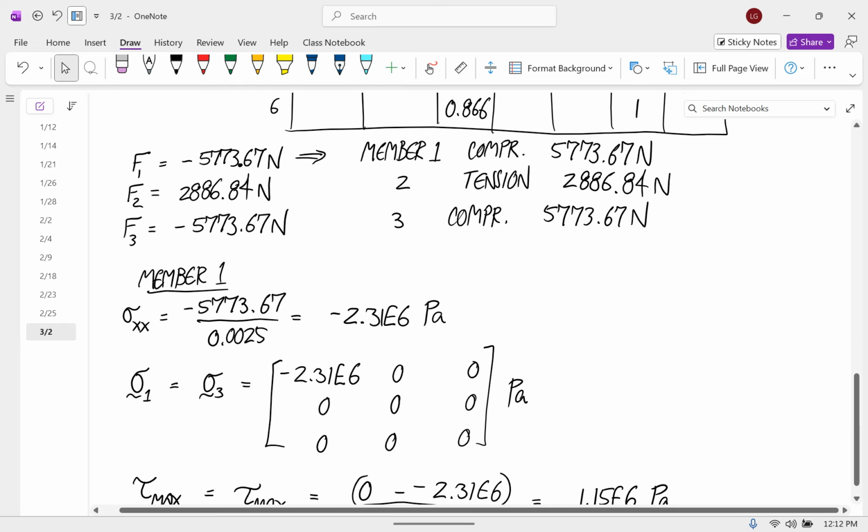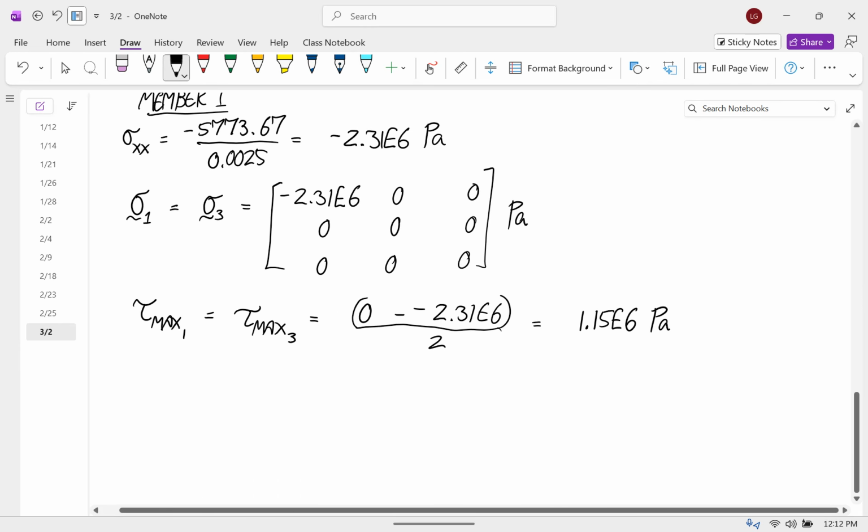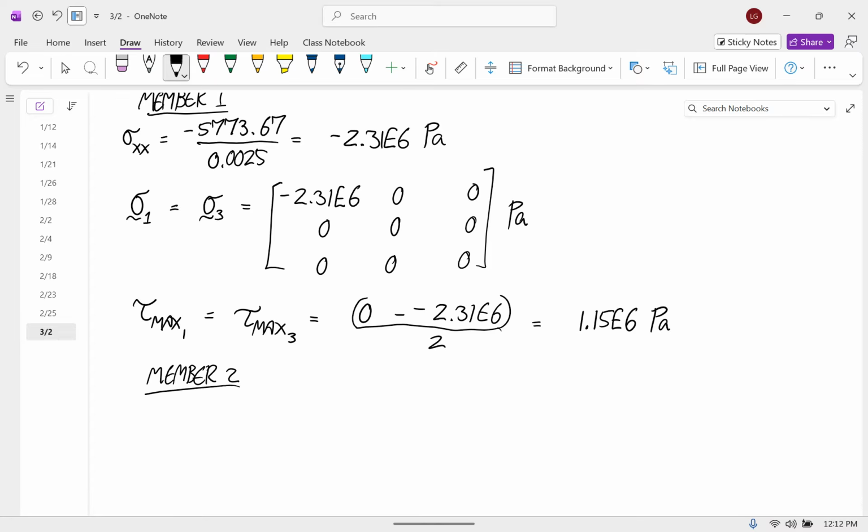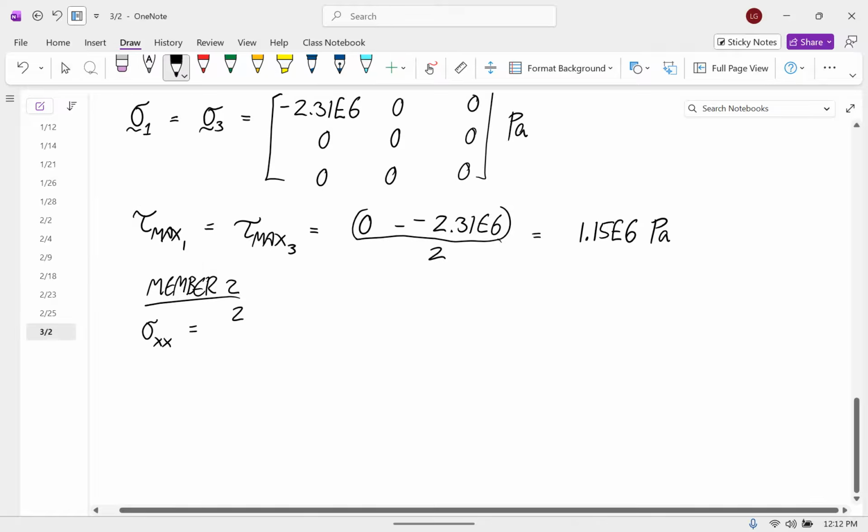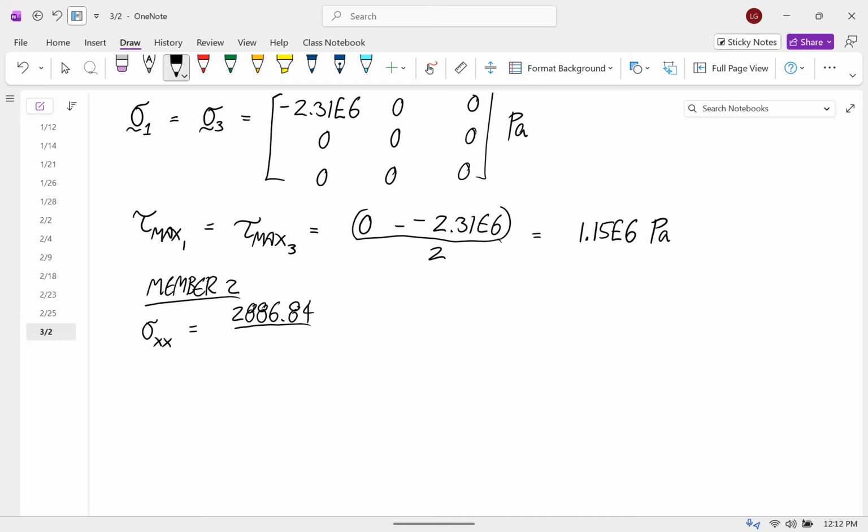And then for member 2, so this is 2886.84 divided by 0.0025. 1.15 times 10 to the 6.